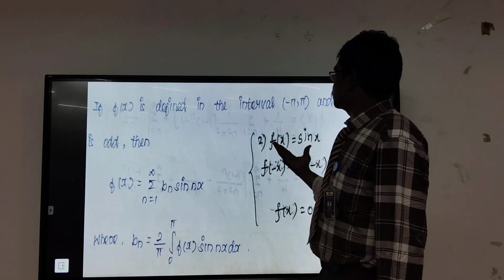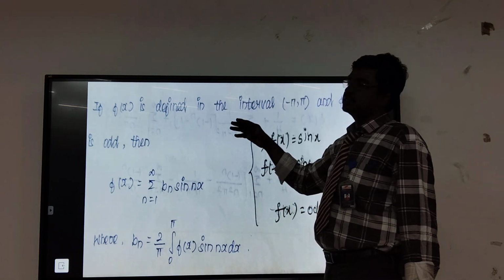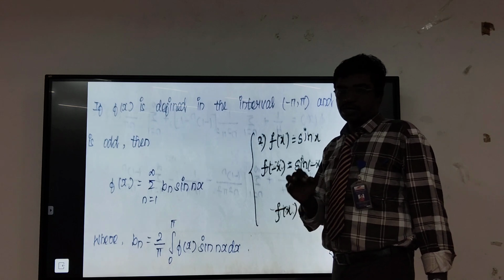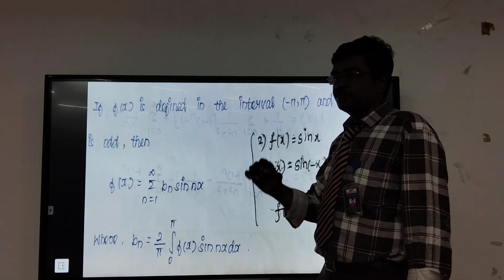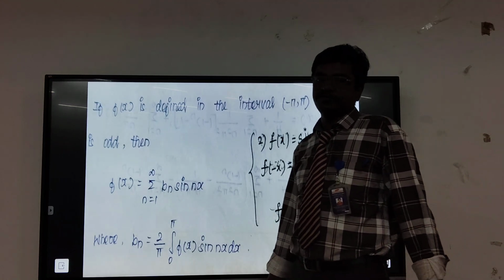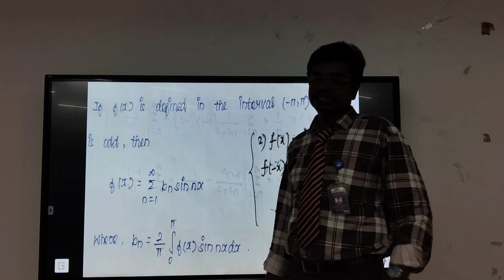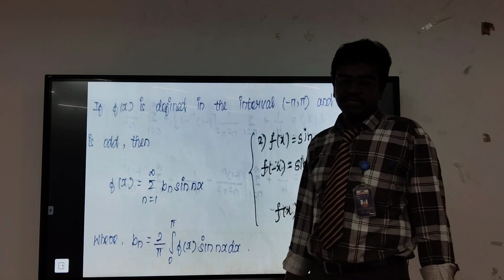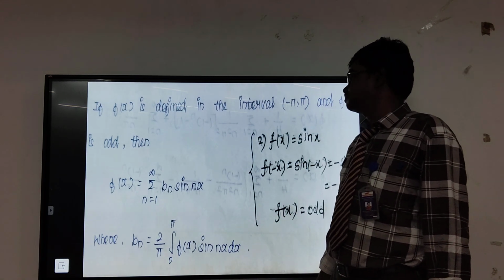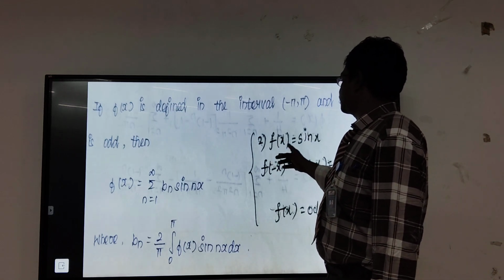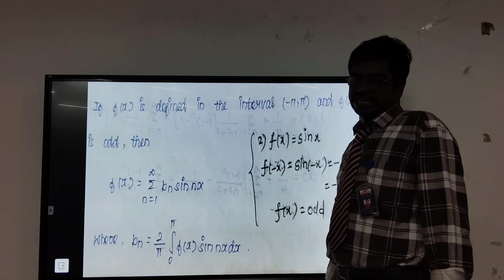Suppose in the same interval, the function is given as an odd function. What is the definition of an odd function? f of minus x equals minus f of x. Then we can say that f of x is an odd function. The best example for that is f of x equal to sin x.